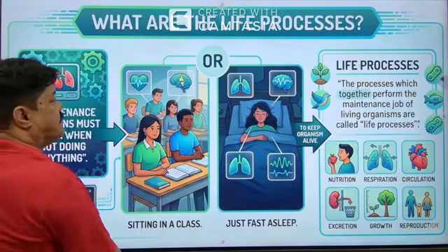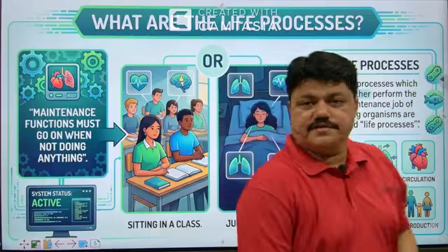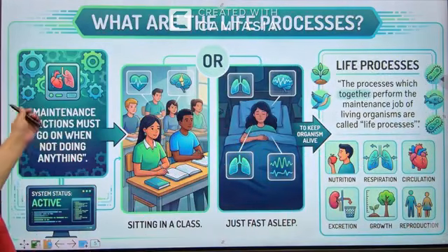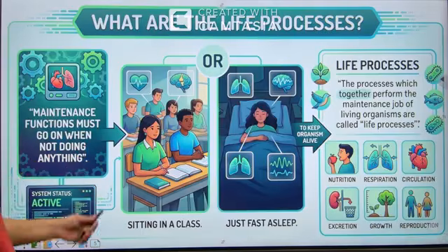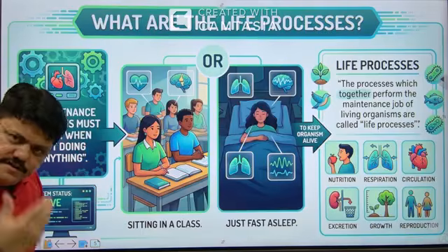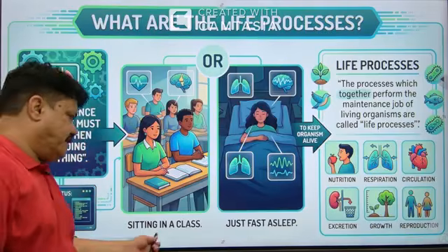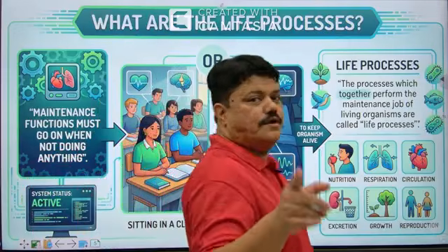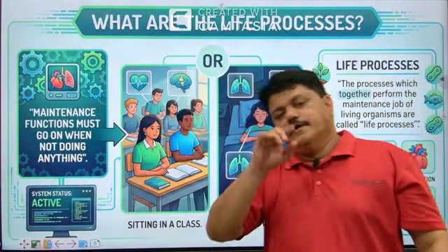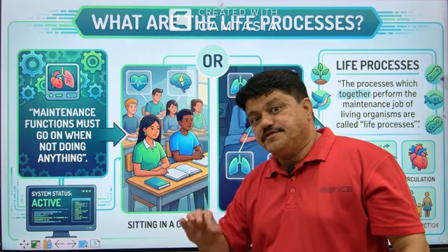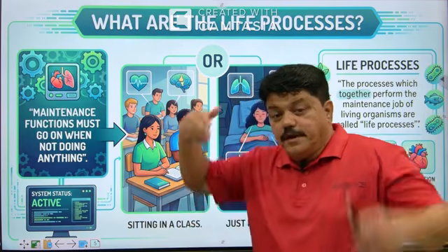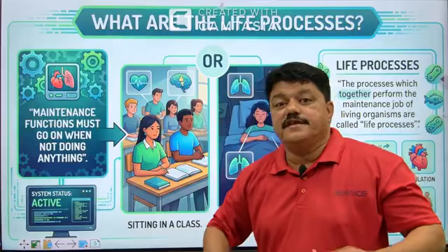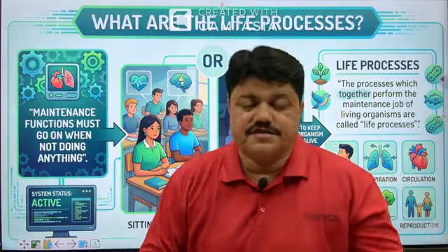Let's explore these life processes. What are the life processes? Maintenance functions must go on even when you are doing nothing. You are sitting in a class, or just asleep, and your maintenance processes must go on, because your internal organs, tissues, and cells are in a functioning state.